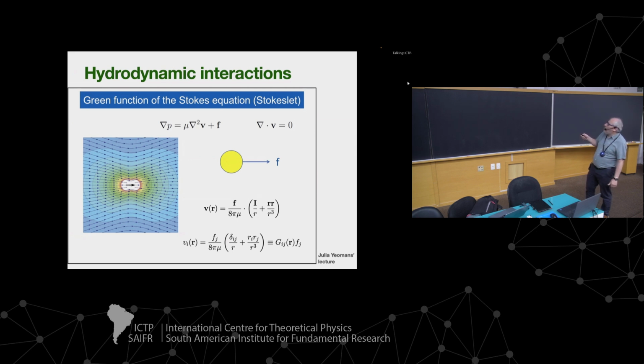Here you have 2 over distance and distance cubed, so it's also 1 over distance, but has a tensorial characteristic. So it's not isotropic, and that defines the G tensor. This is written in vector notation, and this is written in index notation: the i component of the velocity is proportional to the j component of the force, and there's a tensor, the Oseen tensor, that has different names.